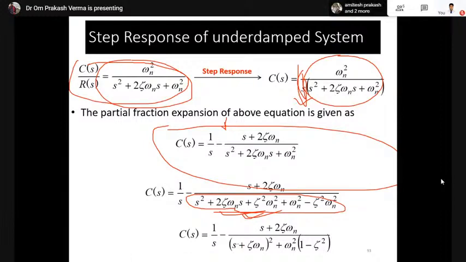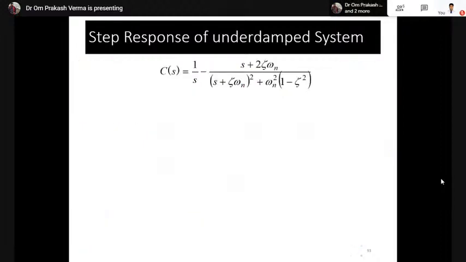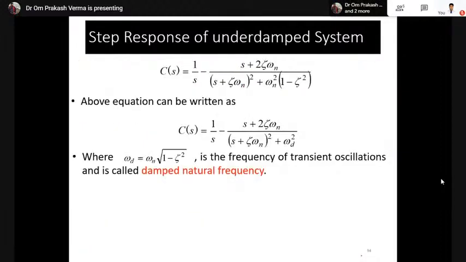This is like s plus zeta omega n, e to the power minus something into t, right? If it is written in terms of root under 1 minus zeta square, and omega n square, the equation becomes like this.